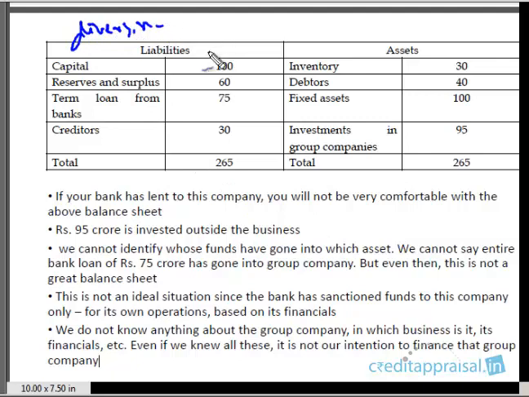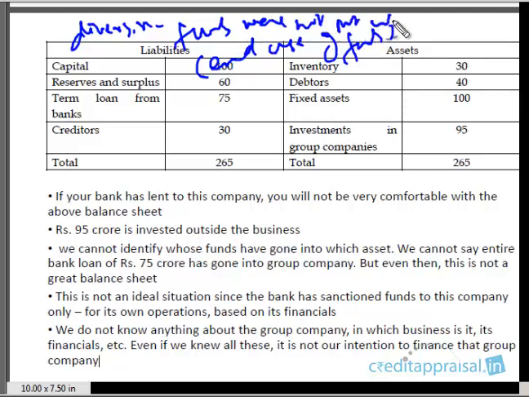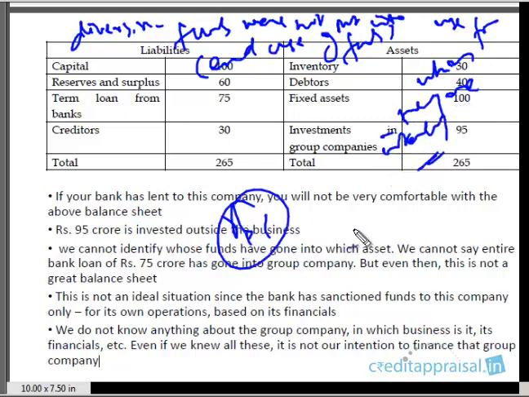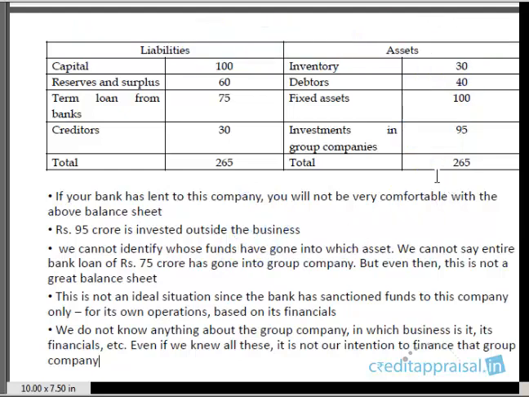Diversion is when the end use of funds is not ensured. This is the term which we normally use, right? End use of funds was not ensured, meaning the funds were not put into use for which they are intended. You sanctioned for one purpose, for the business of B1, but finally part of it ended up in B2. This is diversion of funds, right?